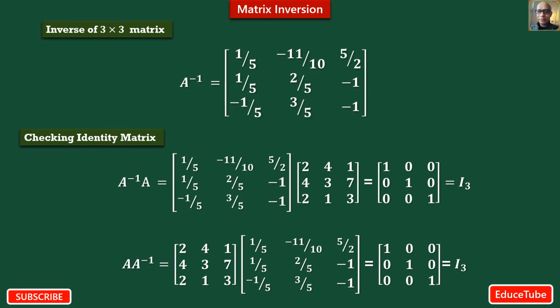Now after multiplying, I got the inverse of the 3 by 3 matrix like this. So this is our result, the inverse matrix.